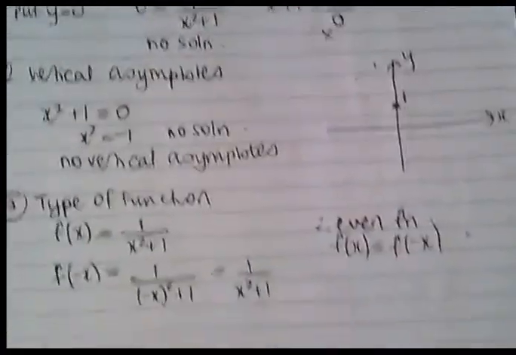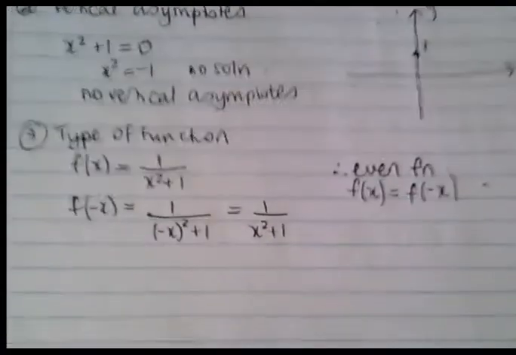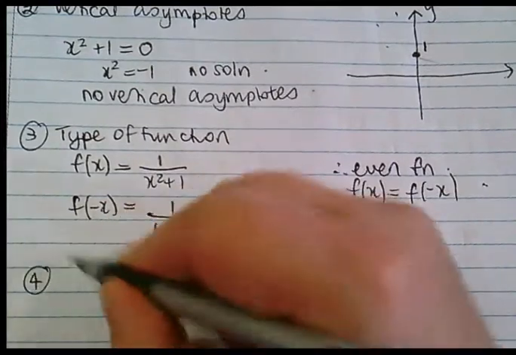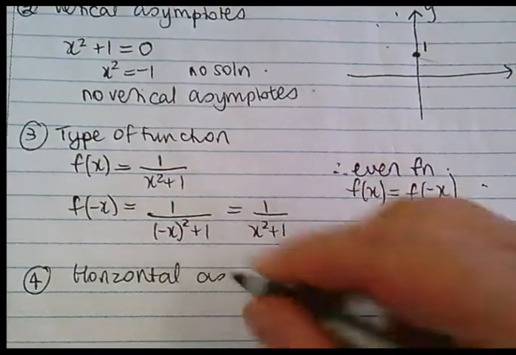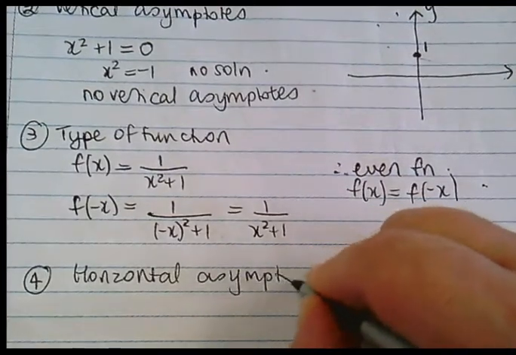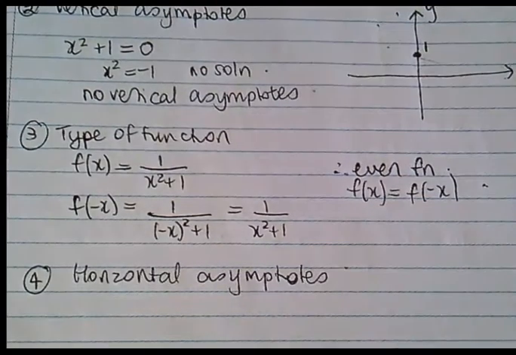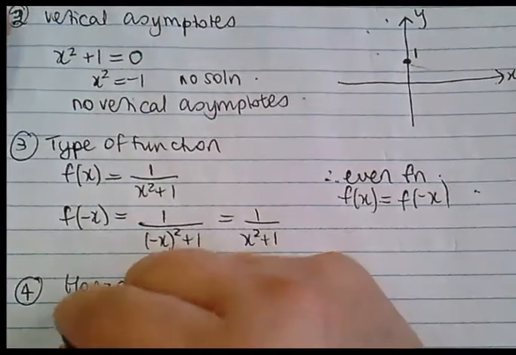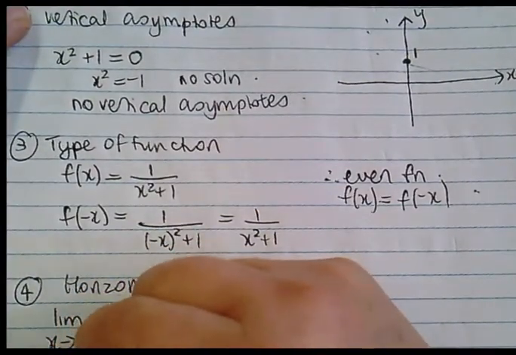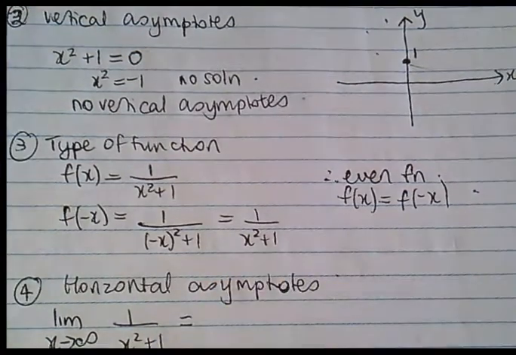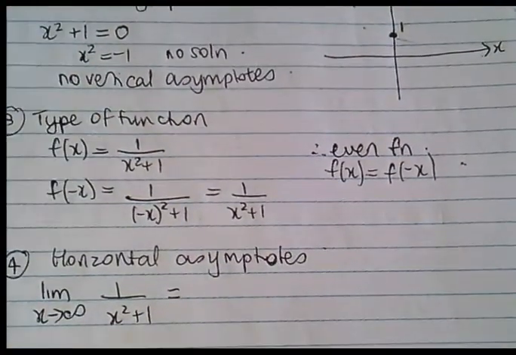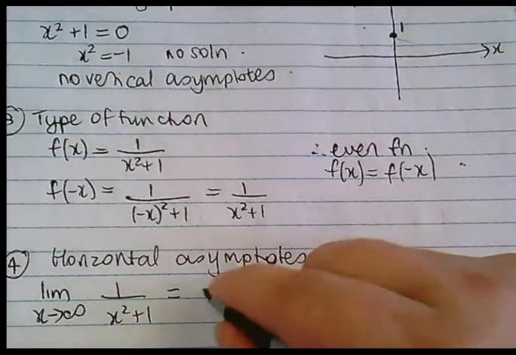All right, now let's look for horizontal asymptotes. We can do it two ways. The formal method: the limit as x approaches infinity of 1 over x squared plus 1 equals, what am I supposed to do? Divide through by the highest power of the denominator, which is x squared.